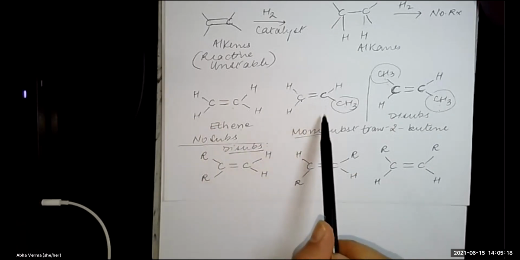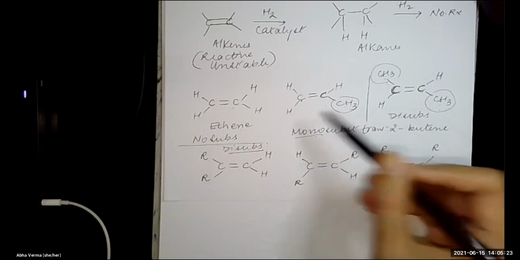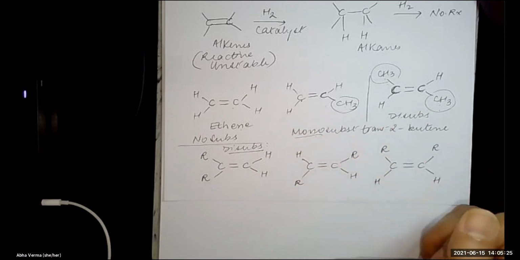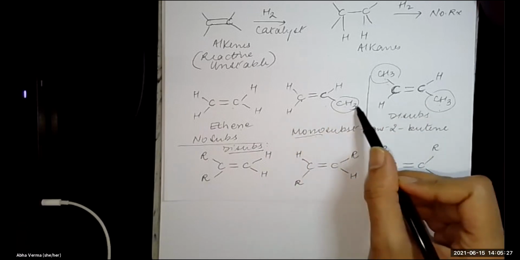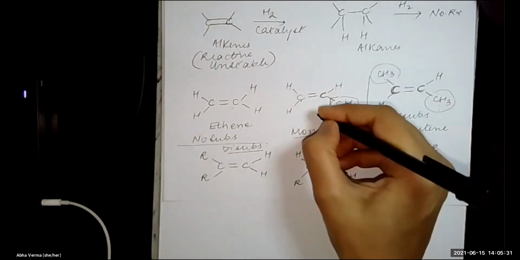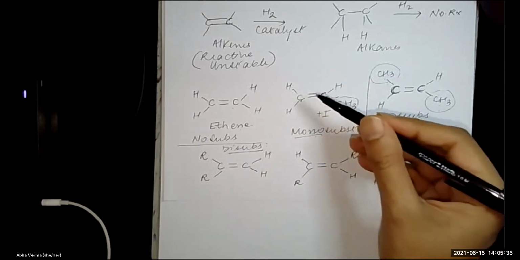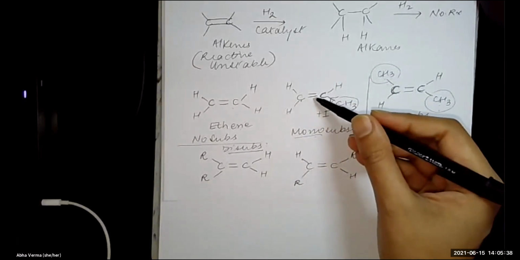Now we were talking about stabilities of alkenes. Among the mono-substituted and di-substituted, if you notice, this alkyl is pumping its electrons because of the plus I effect of the alkyls into these pi electrons.